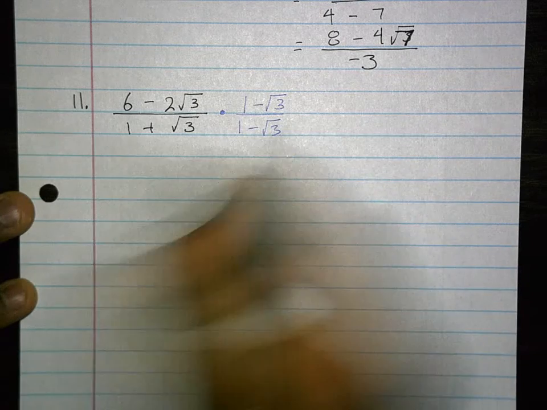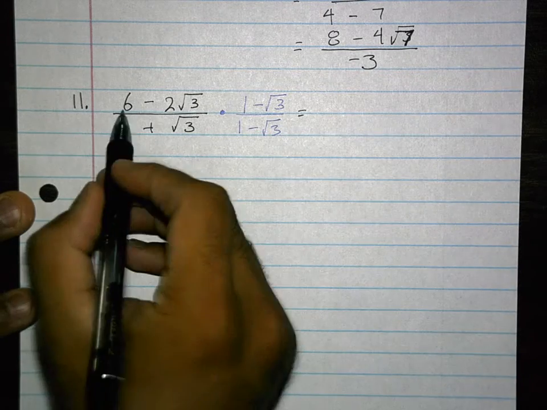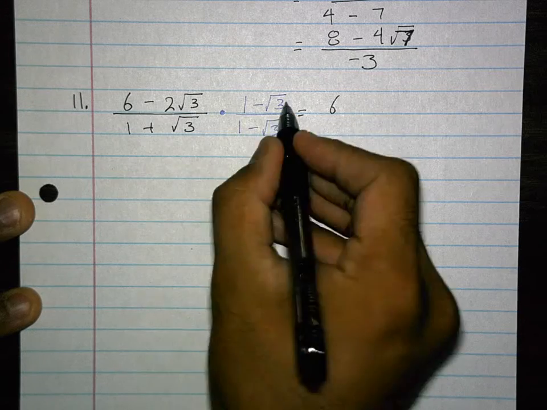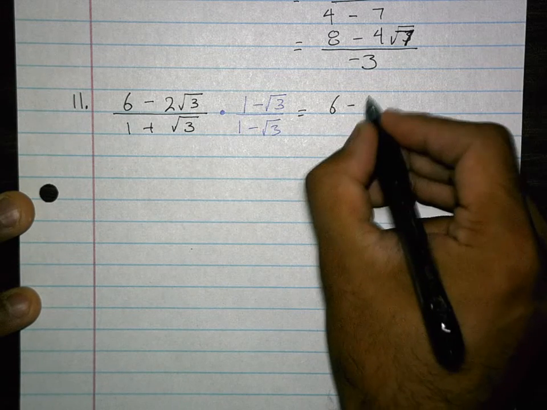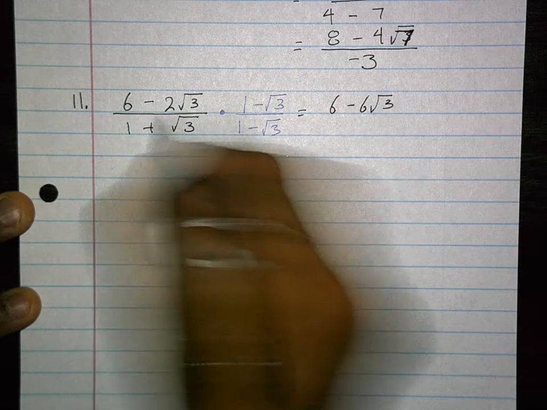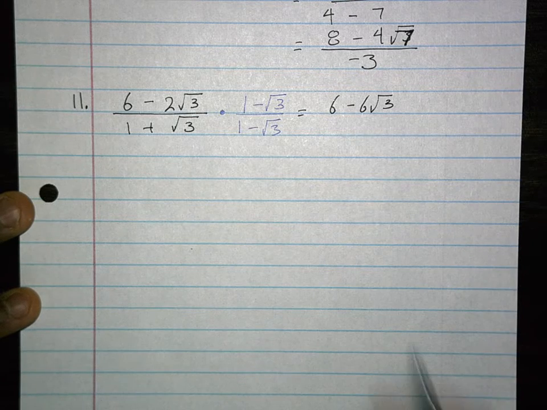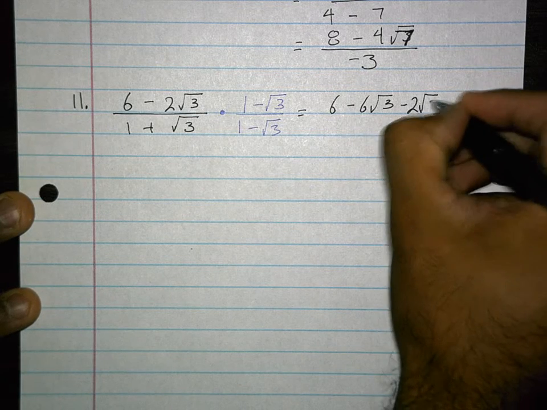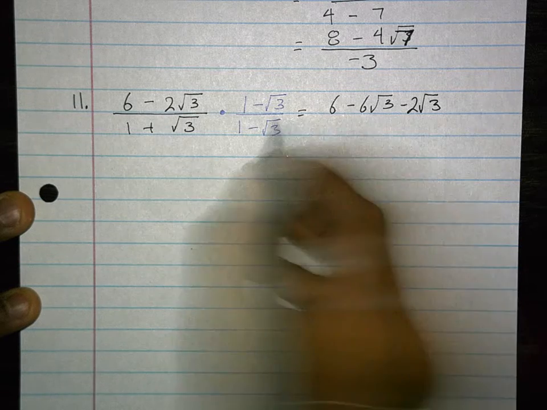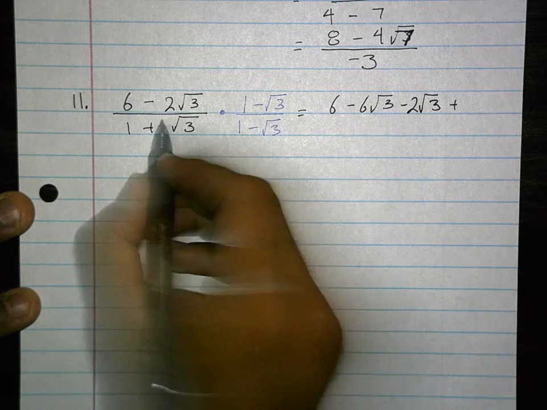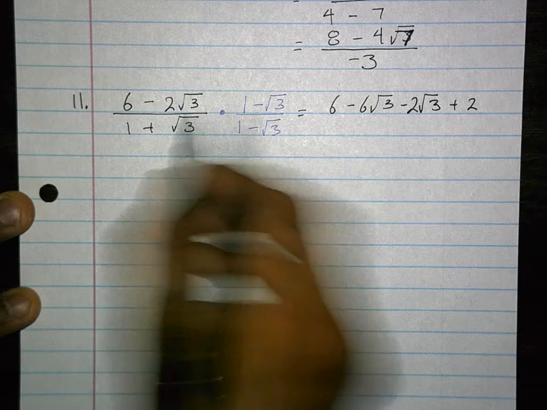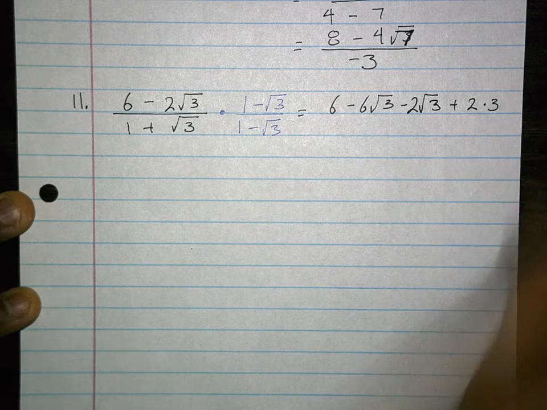Okay. And then up top, I'm going to FOIL. And so 6 times 1 is 6. 6 times negative root 3 is negative 6 root 3. Negative 2 root 3 times 1 is minus 2 root 3. And negative times negative is a positive 2. This time I'm going to say root 3 times root 3 is just 3, and it's times 2, which is 6.